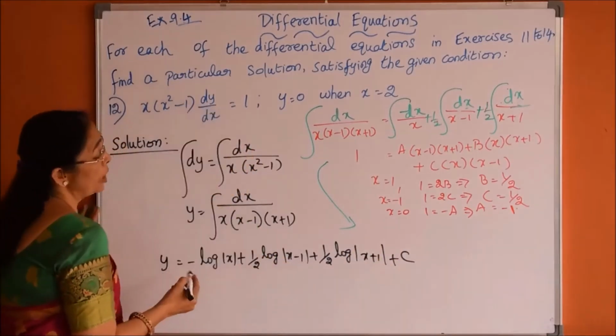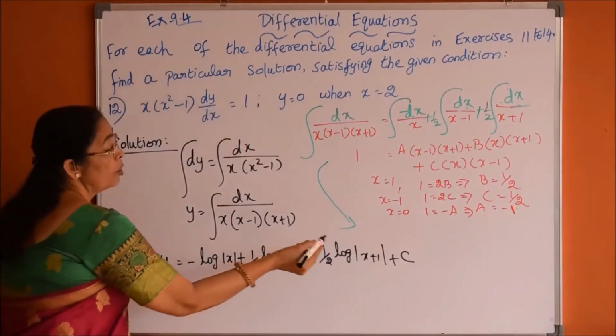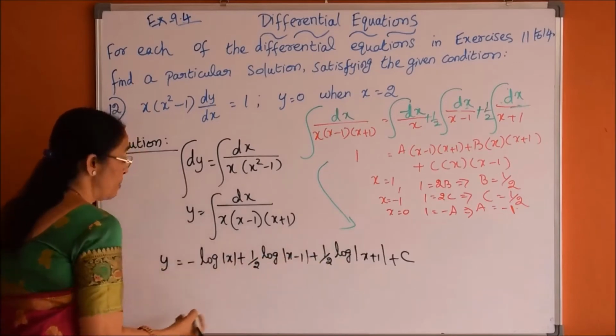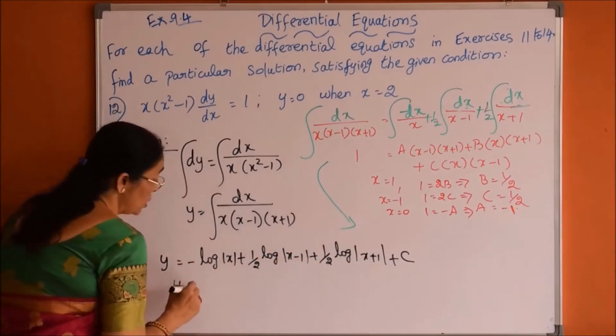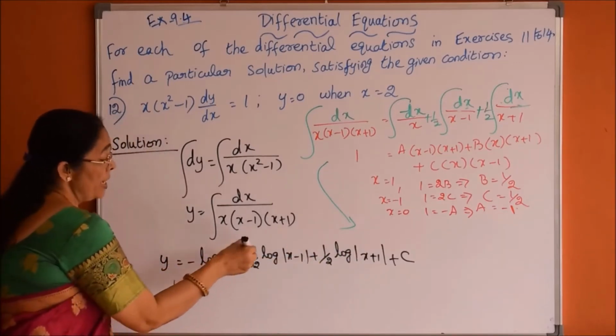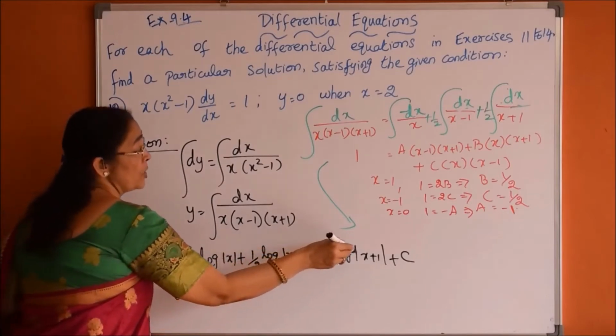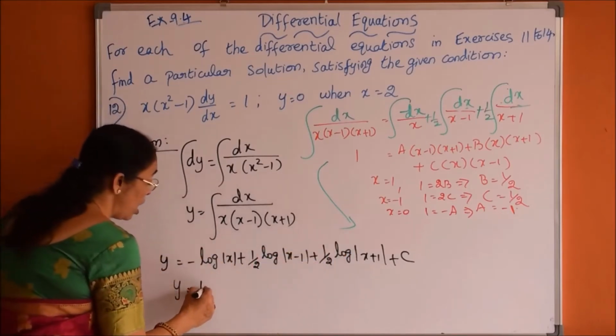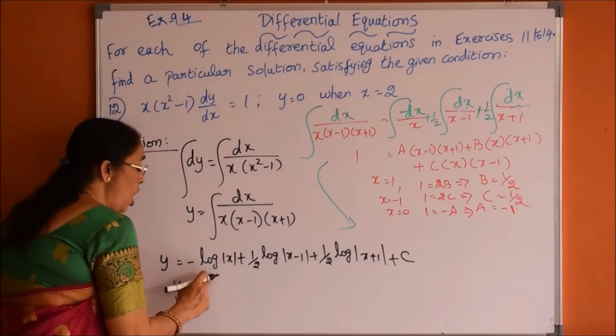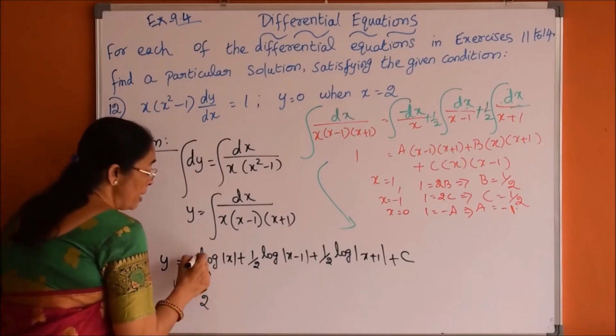Before getting the c value, let us simplify this part. Let me take the half outside. Here there is no half, but we have taken half, so I will multiply by 2.